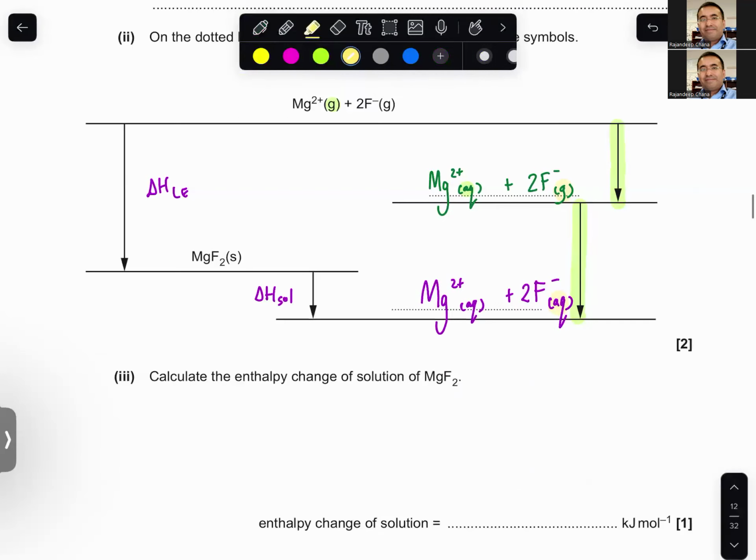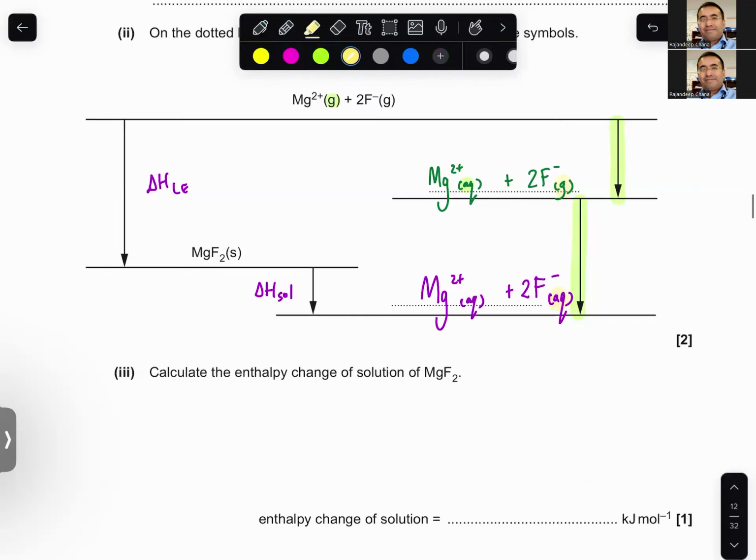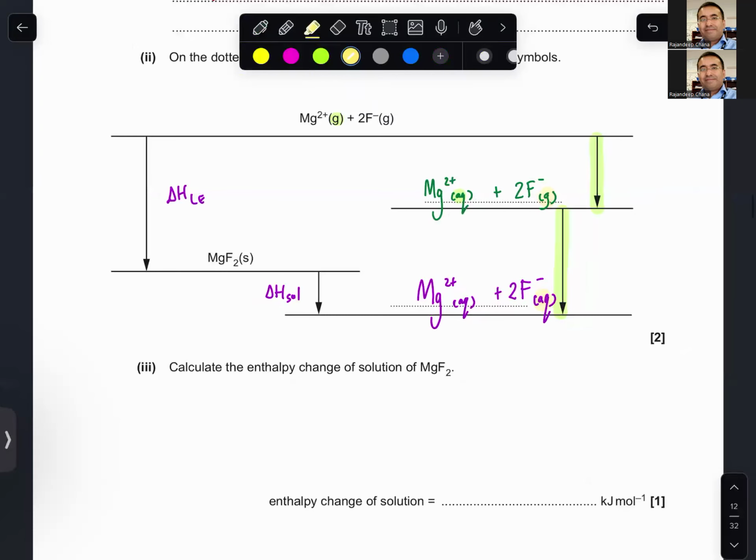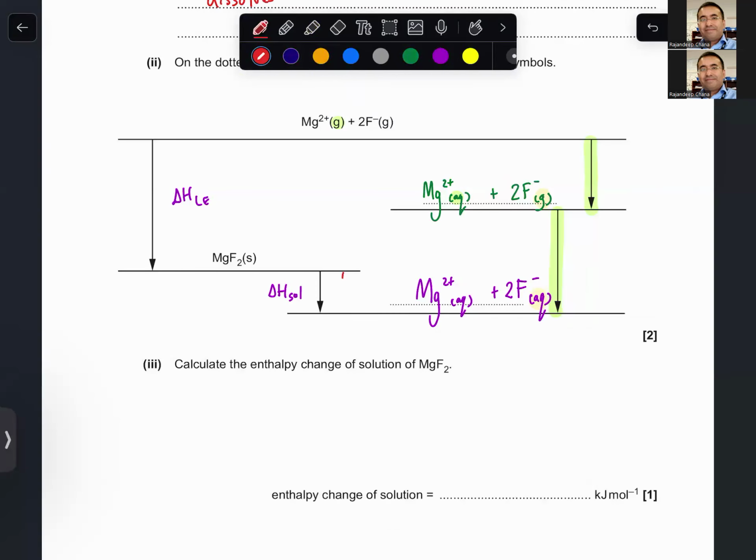It is then asking, calculate the enthalpy change of solution. Ladies and gentlemen, what we're trying to do is work out from there to there. That's what we're trying to do. But we don't know what that is. So we're going to use Hess's law. This is our starting point. And this here is our end point. This route, we don't know what it is. So we're going to go the other route.